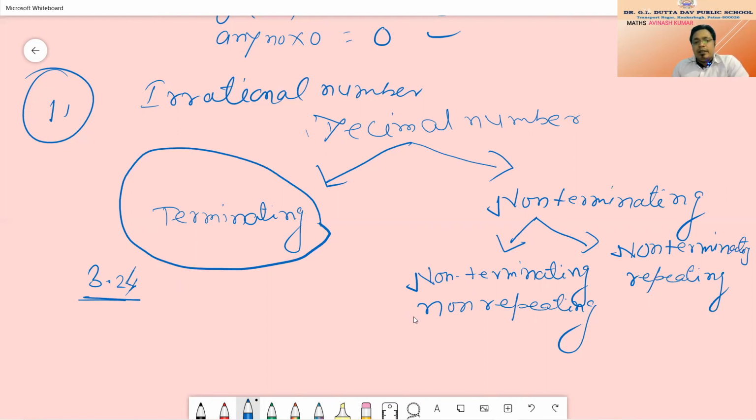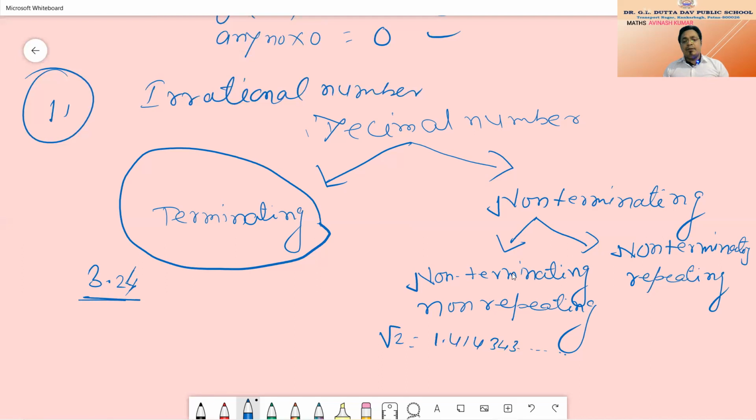For non-terminating, non-repeating, the example is the value of square root of 2, which is 1.41432, and so on. This is non-terminating. Non-terminating means we cannot count how many digits there are on the right side of the decimal.